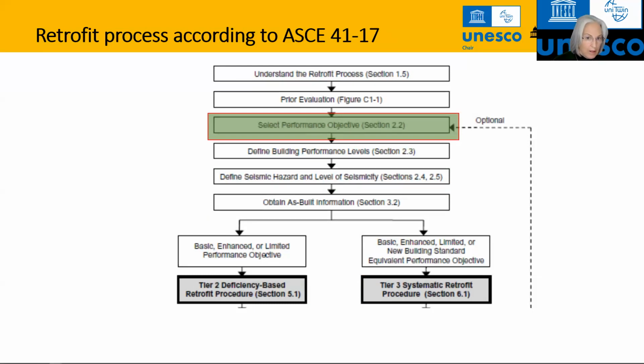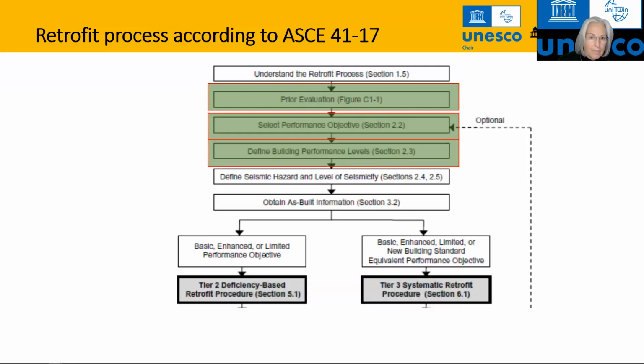But also there are some very important elements. First of all, the selection of the performance objectives, and we will look in a minute at what that means. And second, the definitions of the building performance level, together with any prior evaluations that we had considered.